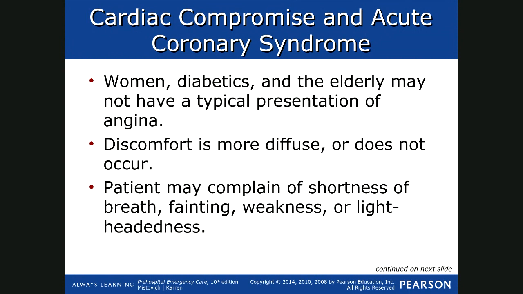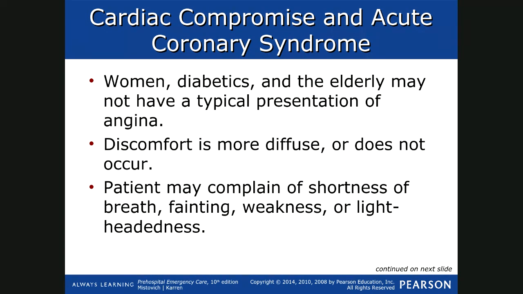So if you're a woman, if you're a diabetic, diabetics tend to have what's called neuropathy. They don't feel things quite like they used to before they were diabetics. And I think it's pretty commonly known that the elderly have more pain resistance, or pain toleration, than the younger folks do.